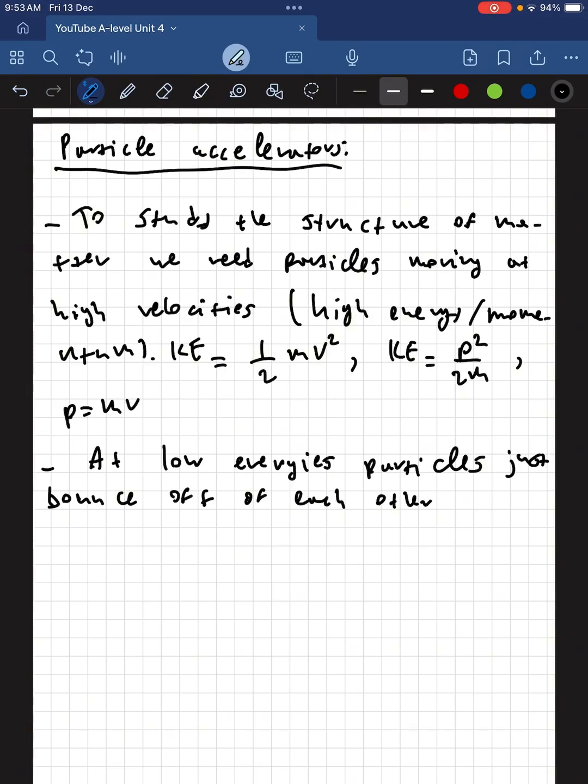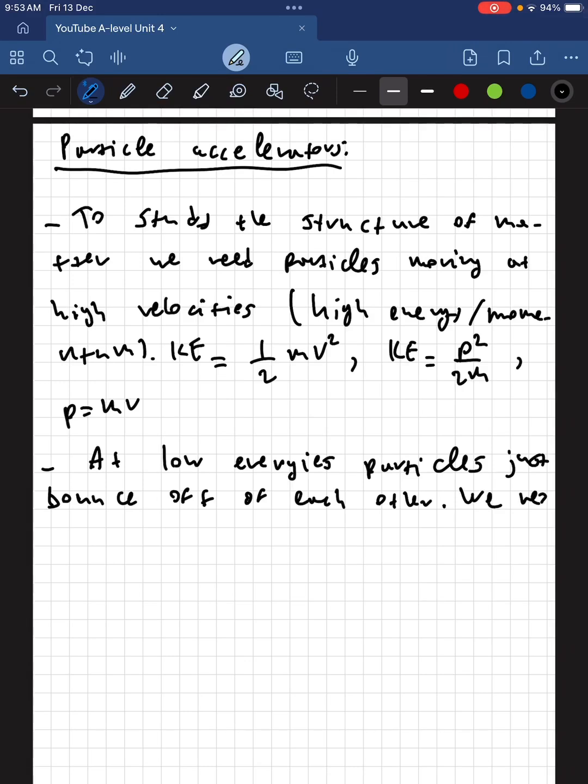So for example, if you send two protons towards each other and the energy is not high enough, their Coulomb repulsion will not make them interact, so they will not really come close together. So you need really high energies to overcome this bounce off of particles, okay?